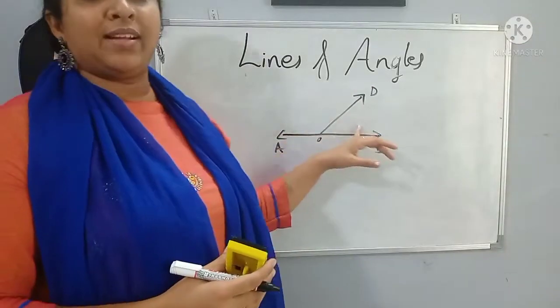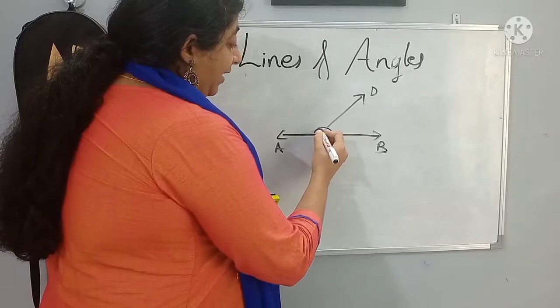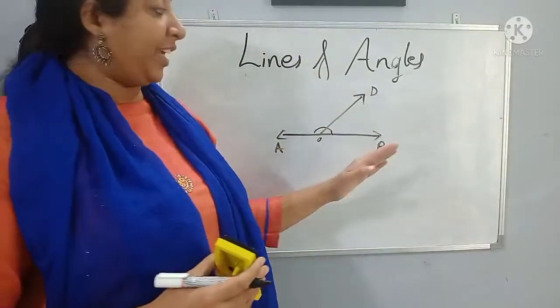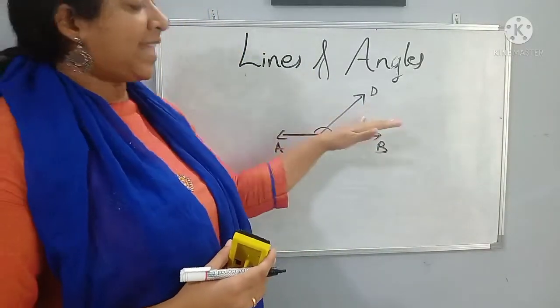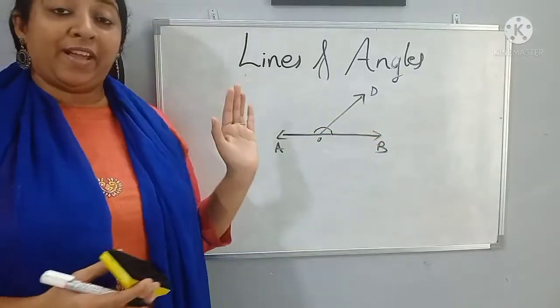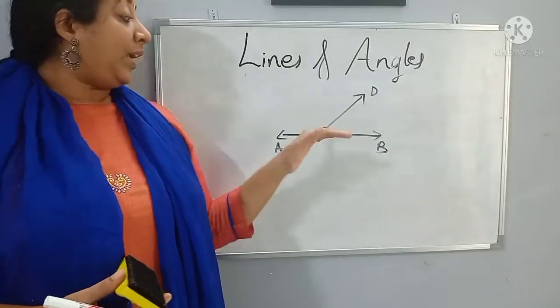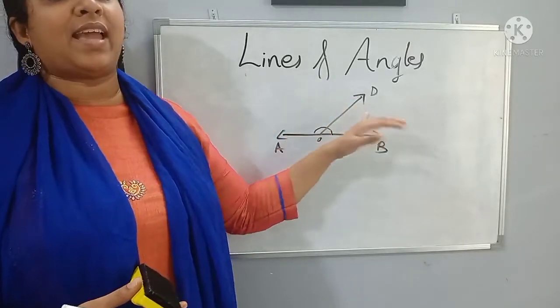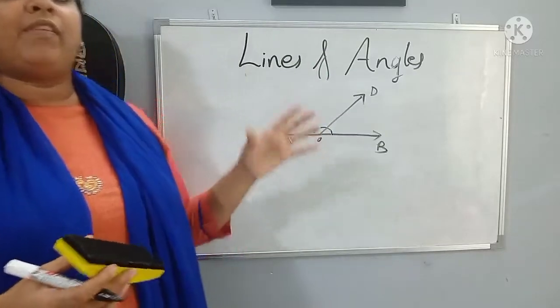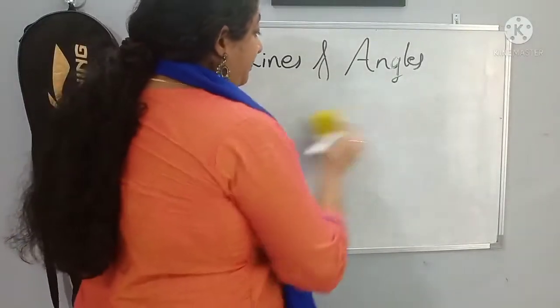If two angles, here and here, have a sum of 180 degrees, we will call these two angles a linear pair. We already studied that a straight line forms an angle of 180 degrees. So if two angles on a straight line have a sum of 180 degrees, we call it a linear pair.